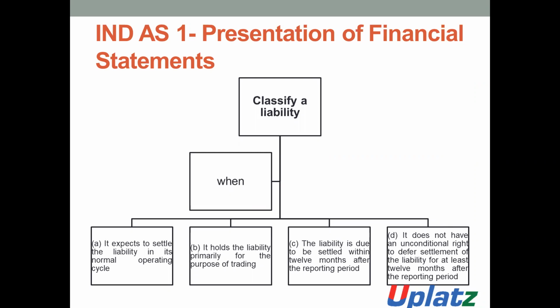Third, the liability is due to be settled within 12 months after the reporting period, and it does not have an unconditional right to defer settlement of the liability for at least 12 months after the reporting period. If these conditions or any other condition is satisfied, then such a liability is to be known as a current liability.